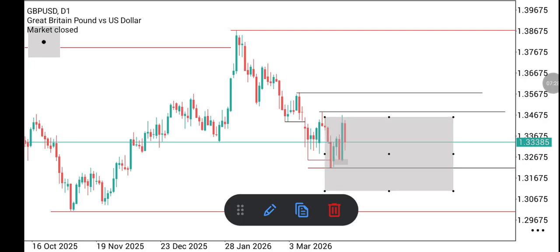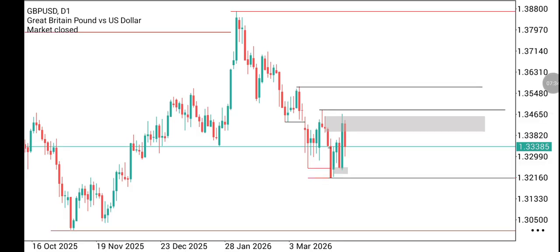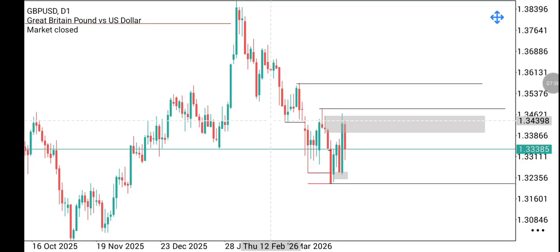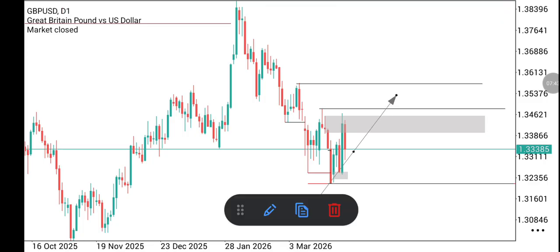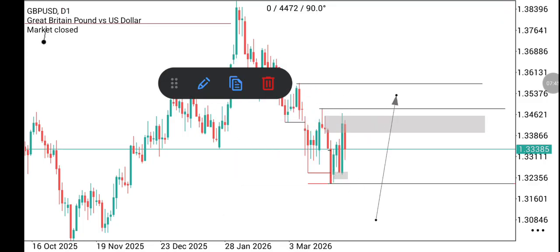This is our first level of supply from the daily time frame. This is after this break of structure. What do we anticipate?